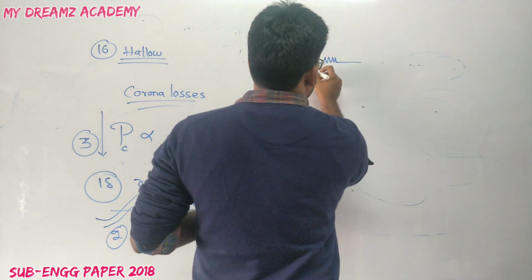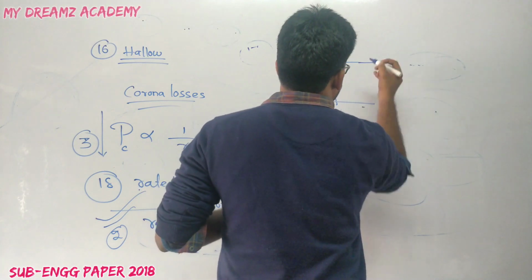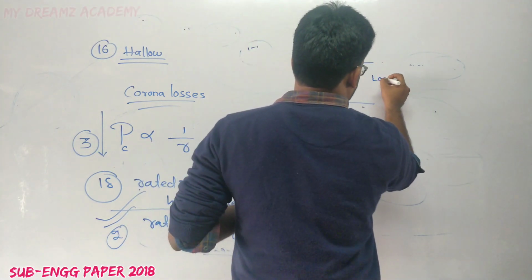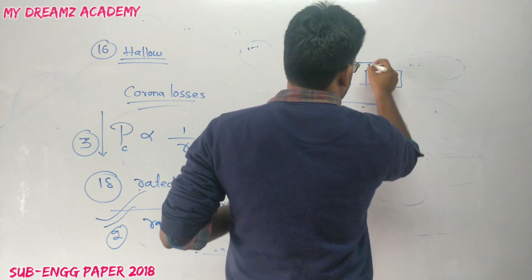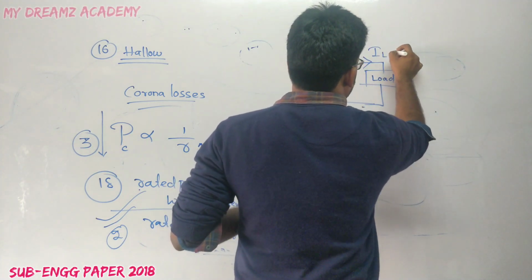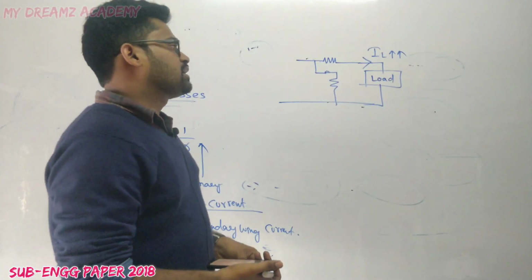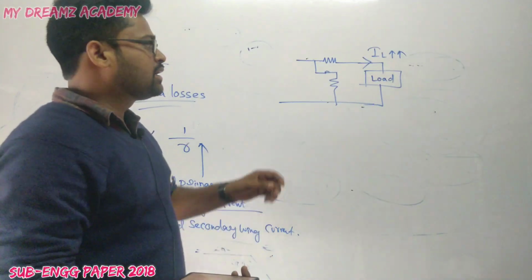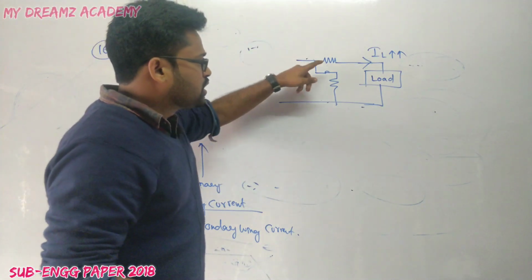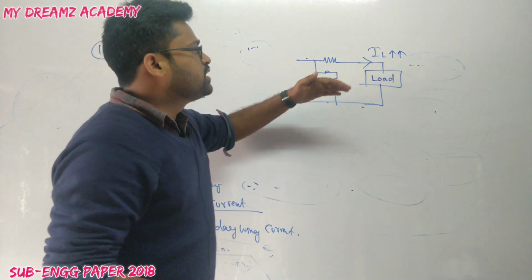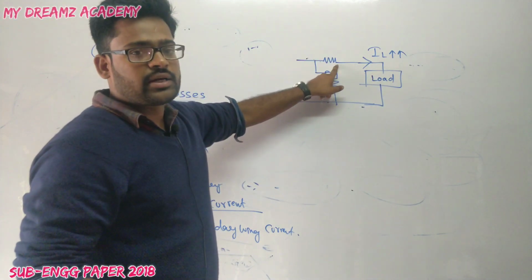This is the current coil, this is the pressure coil, and this is the load. If the load current IL is very high, the internal resistance of the current coil is very less, so the current flowing through the current coil is very high. So there may be a chance of damage to the current coil of the wattmeter.